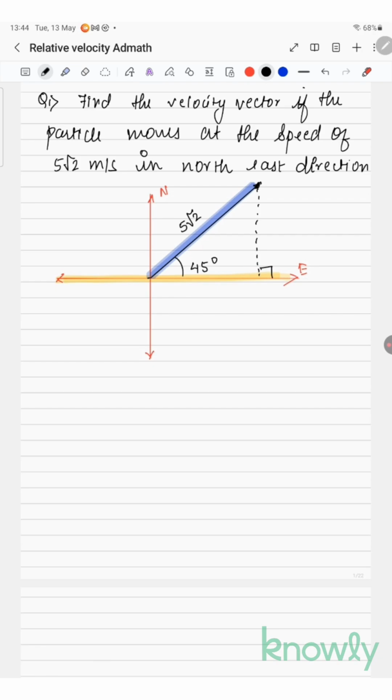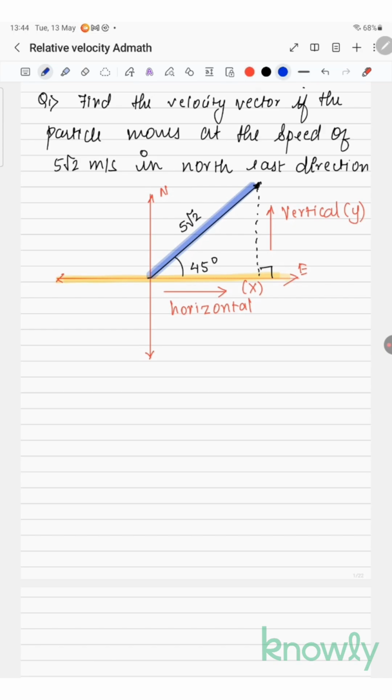The speed of the particle, I will break it into horizontal and vertical components. So this is horizontal, we call it x, and this is vertical, we call it y.